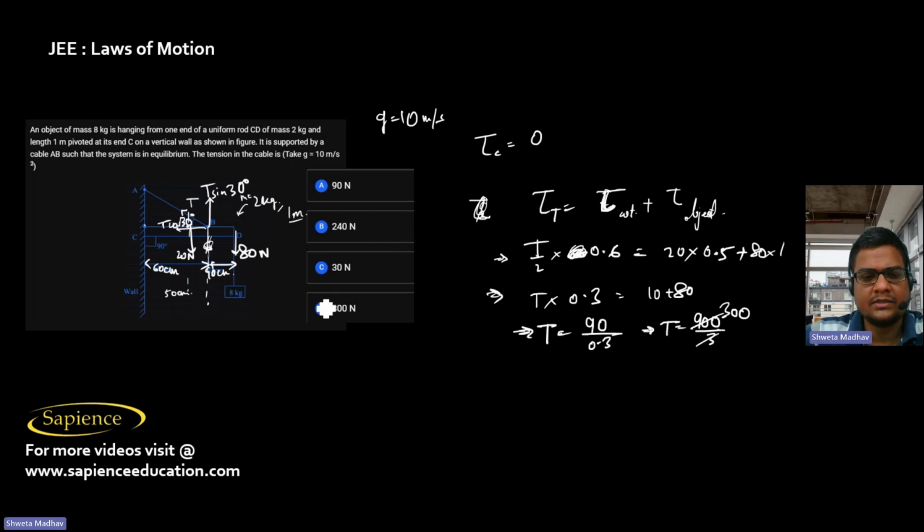So the tension is 300. So option D is the correct answer.